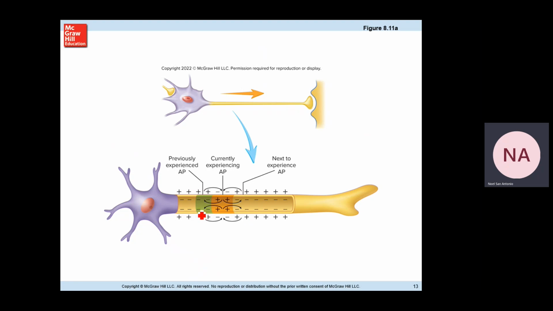So as you can see, when an action potential travels along the axon, the rapid exchange of ions succeedingly takes place throughout the length of the axon.